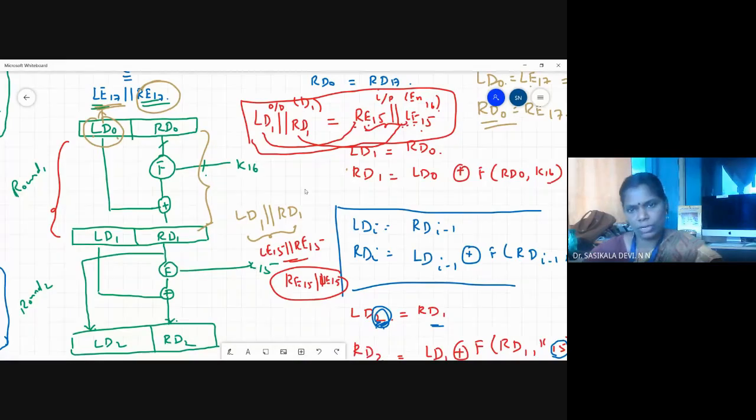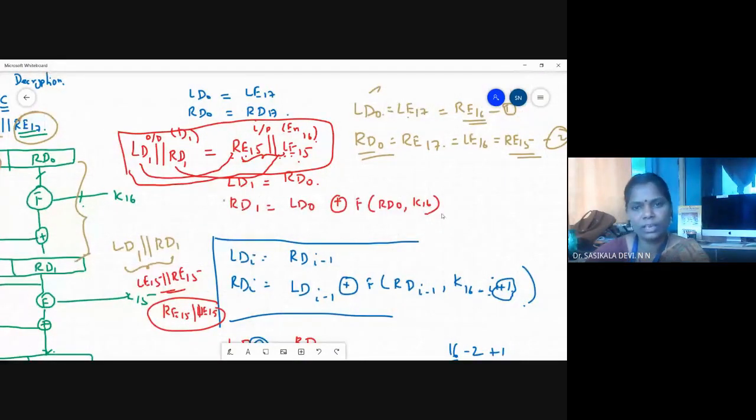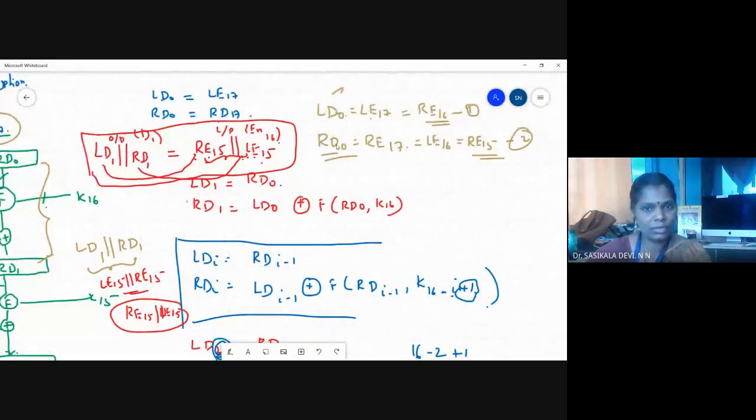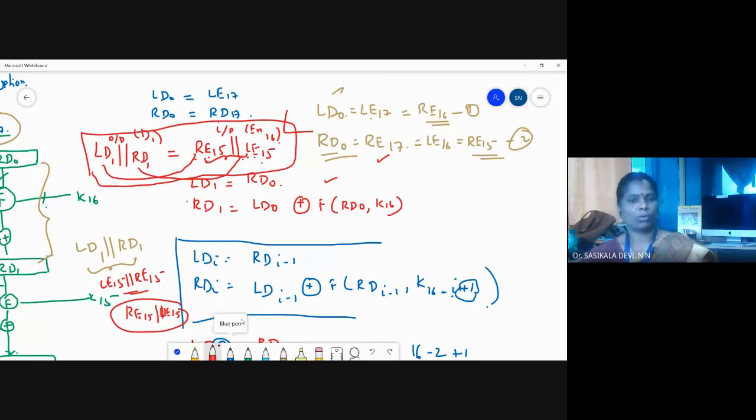Okay, so let's go with this equation. We already derived LD0, RD0. So we know LD1 is RD0, RD1 is LD0 XOR F of RD0, K16. Now we are going to use these to get into the proof. LD1 is equal to RD0.